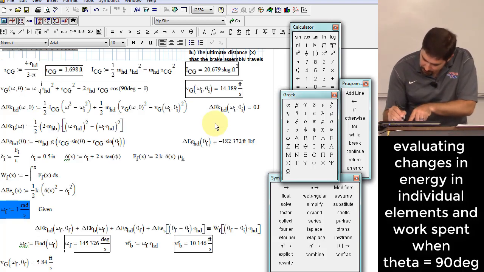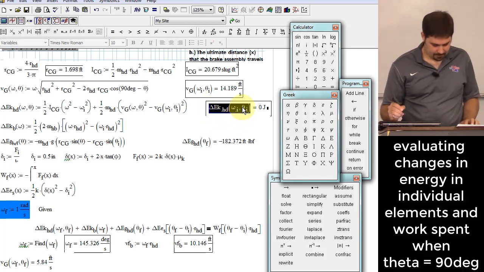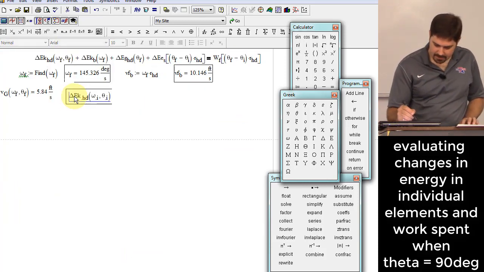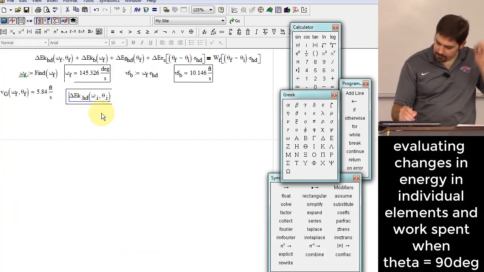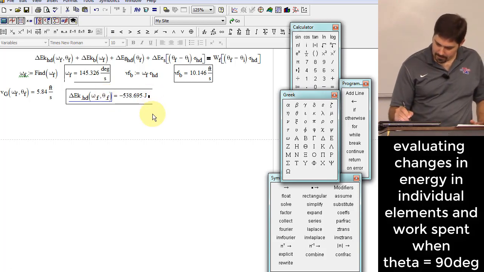I was trying to say, what's the amount of change in my different energies? Okay, so in this case, the change in the kinetic energy for this thing, I put in my final values of these things. Okay, it turns out to be a negative value.